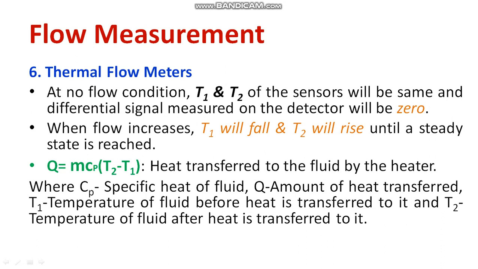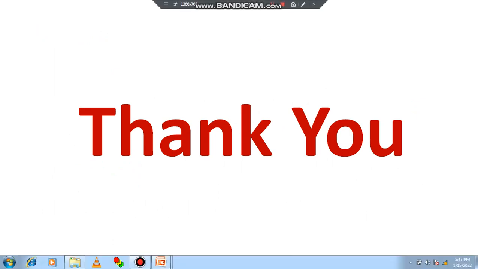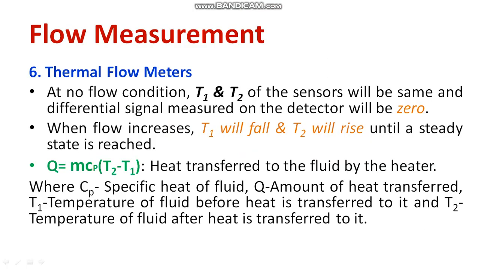Cp means specific heat of the liquid, and m means mass of the fluid or liquid, whatever liquid you are using. Based on the total amount of heat, you predict how much fluid flow takes place. This type of arrangement is known as the thermal flow meter.